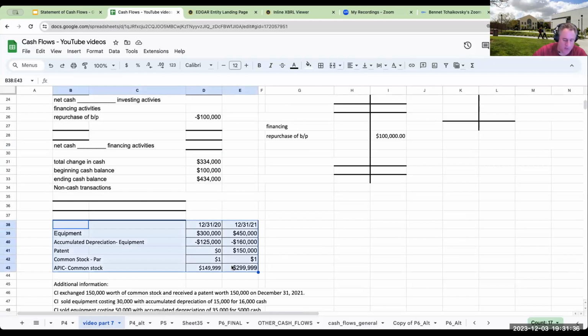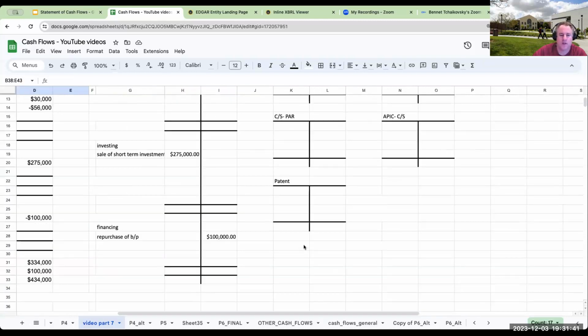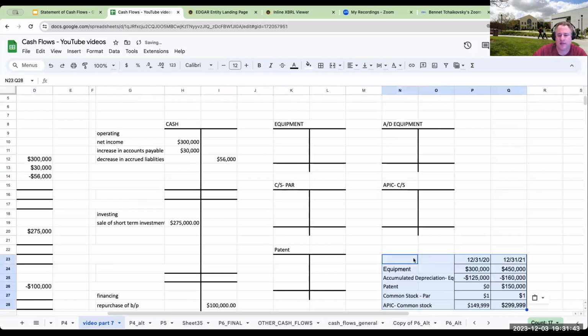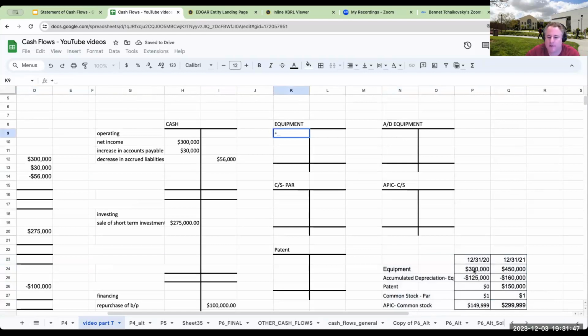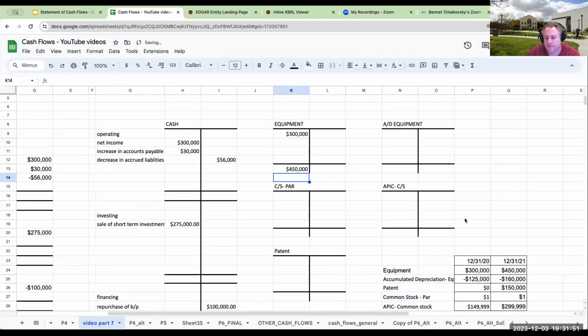The next thing I want to do, and again, I'm getting all this information here, is take this information and put it into the various T accounts over here. My equipment had a beginning balance of 300, an ending balance of 450. Accumulated depreciation, this is a contra asset account, opening of 125, an ending of 160.